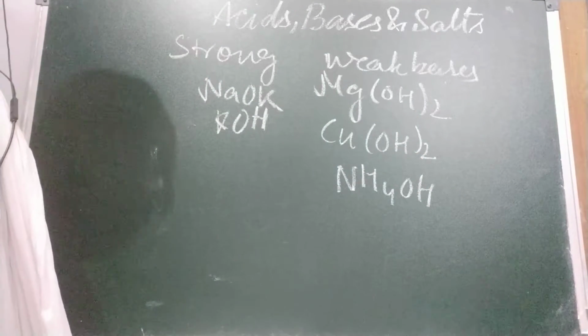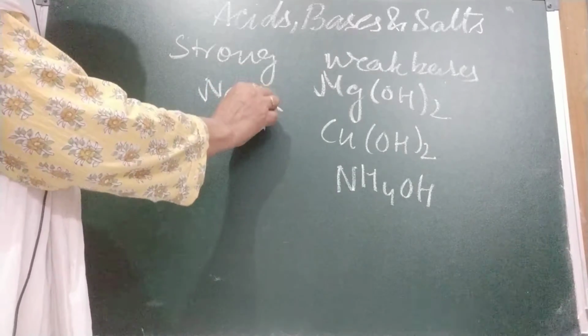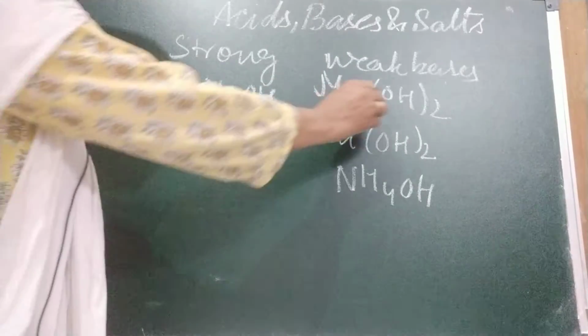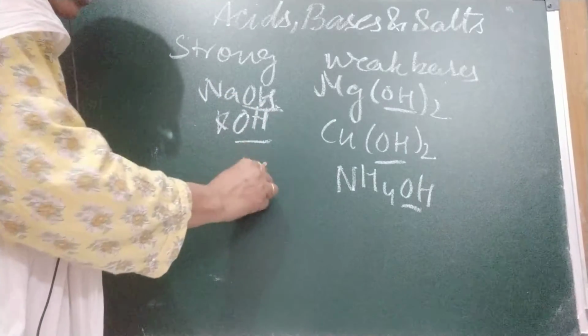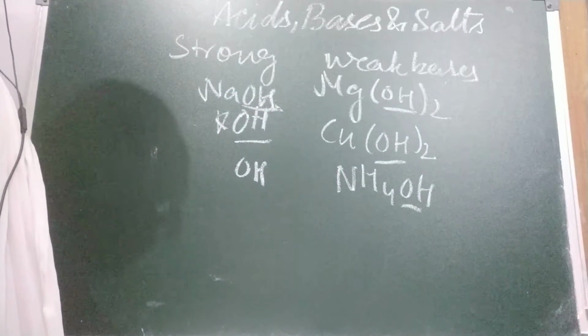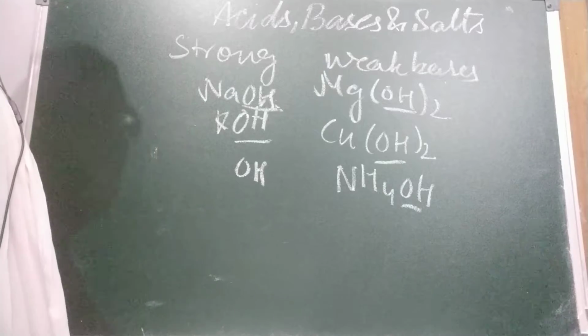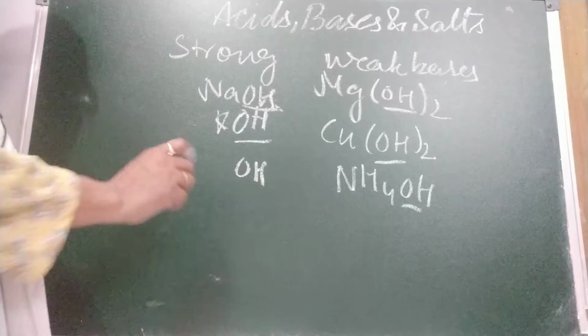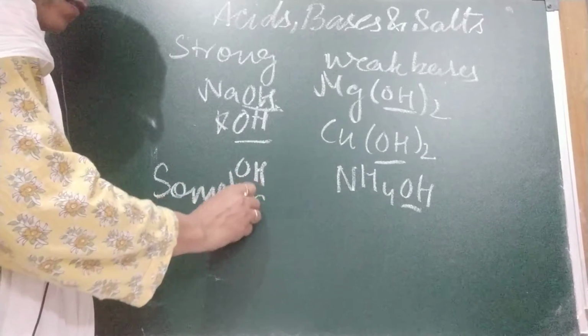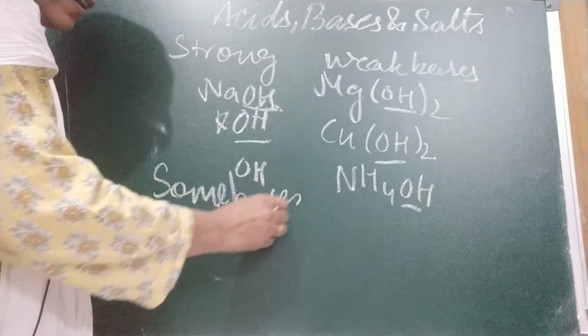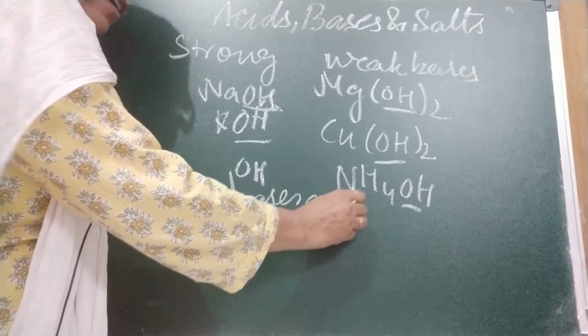Bases are hydroxides. OH means they are hydroxide. They are soluble in water. Some bases, not all children. Some bases are soluble in water.